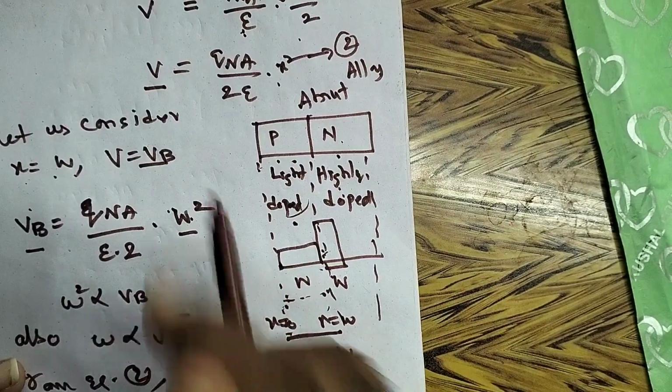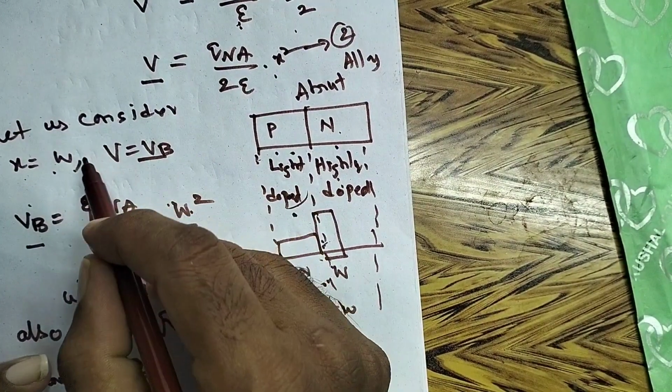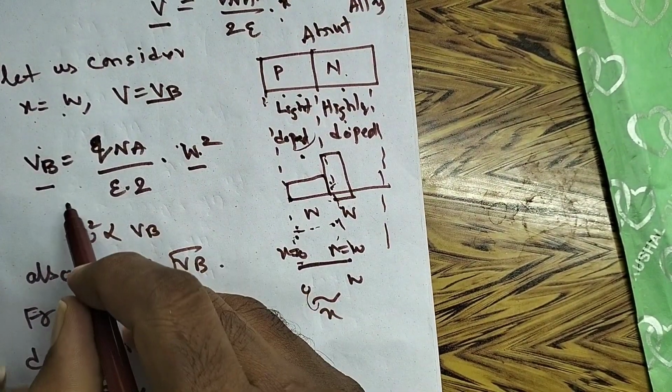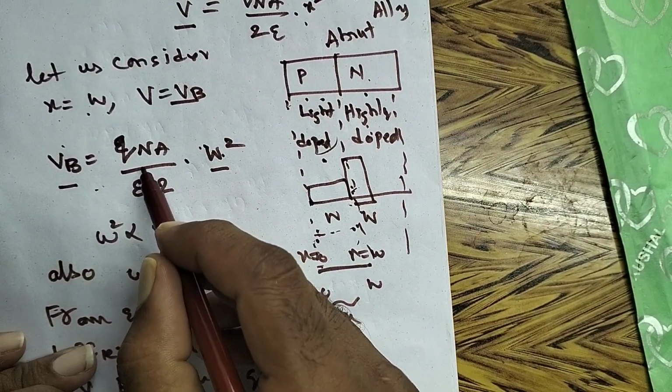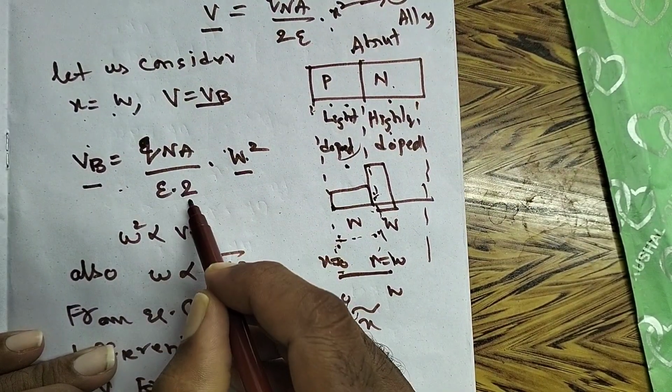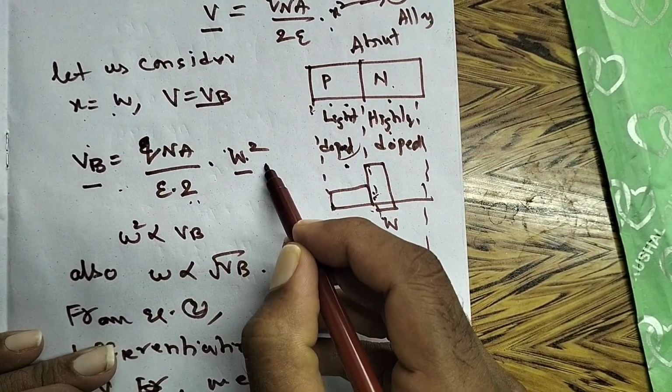What is the equation? vb equal to q NA by 2 epsilon into w square.